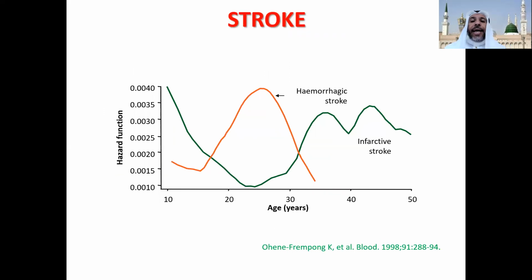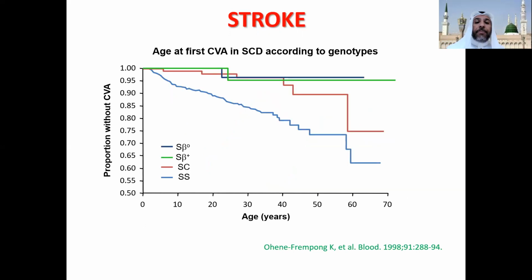During the early ages, infarctive stroke is more common. During adulthood, hemorrhagic stroke is more common. And again, at the age of 40s and plus, infarctive stroke comes back again.